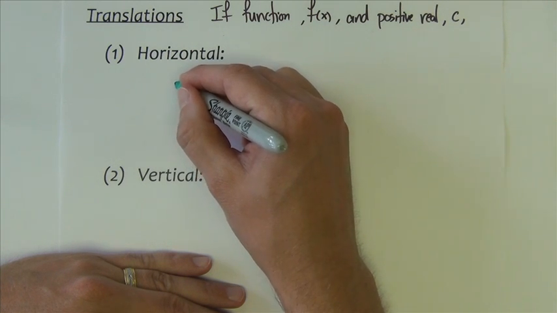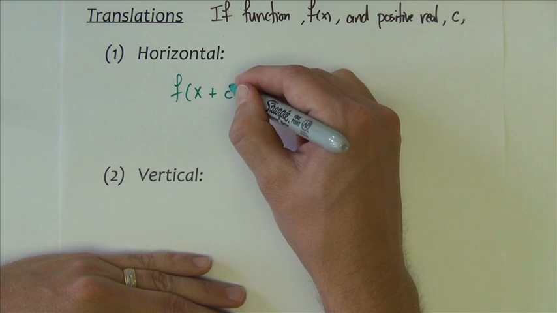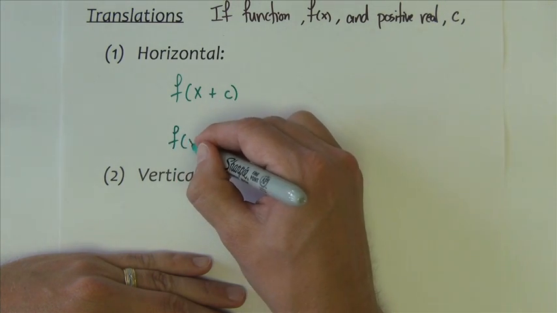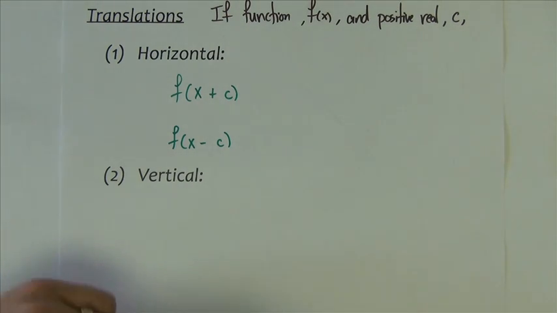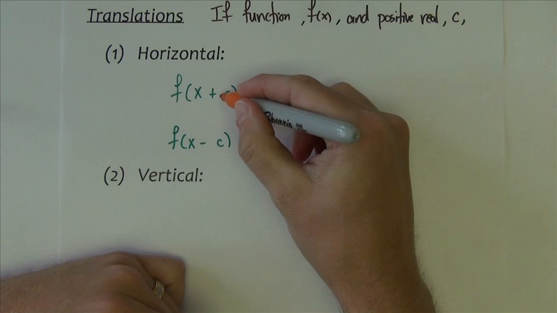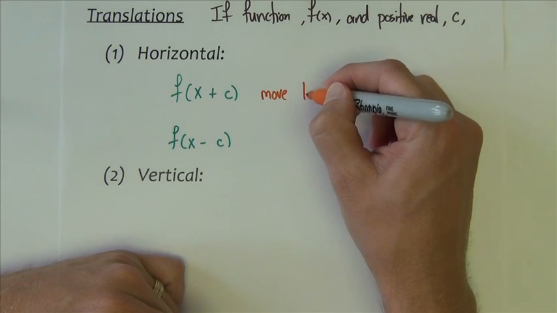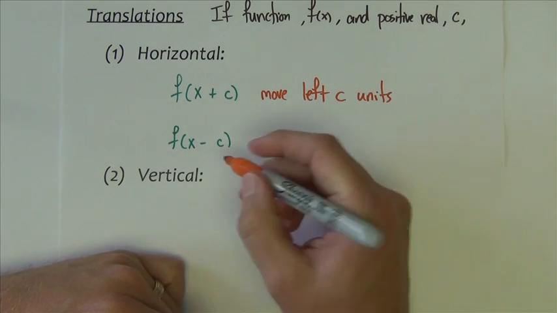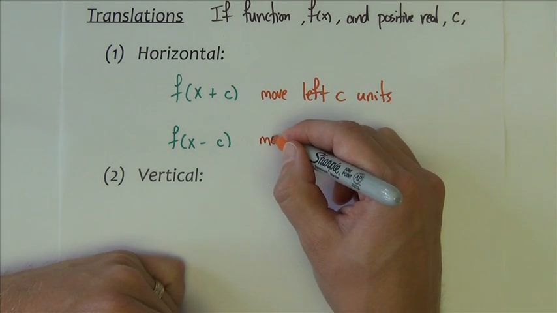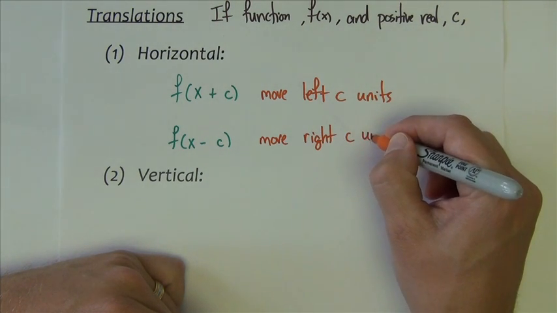I'll write them both out separately: f of x plus c, f of x minus c. If we are adding c, the graph is going to move left c units, and if we are subtracting c, the graph is going to move right c units.